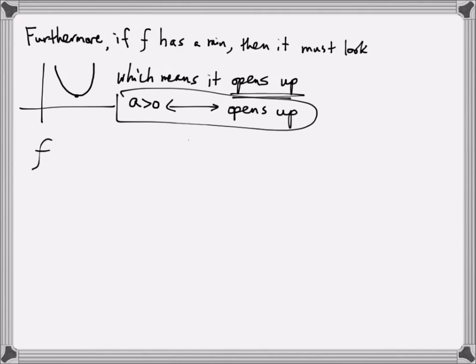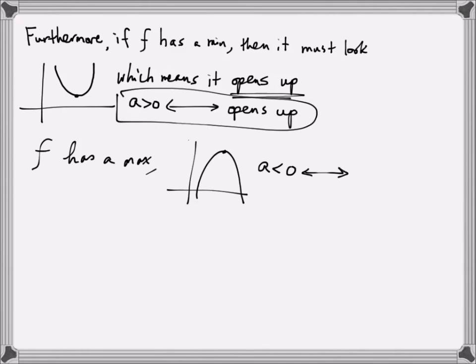On the other hand, if f has a maximum, then its picture must look like this. If its picture looks like that, that means the parabola must open down. So right away we know that if we have a being negative to start with, then it's got to have a local maximum, which indicates that the parabola opens downward.